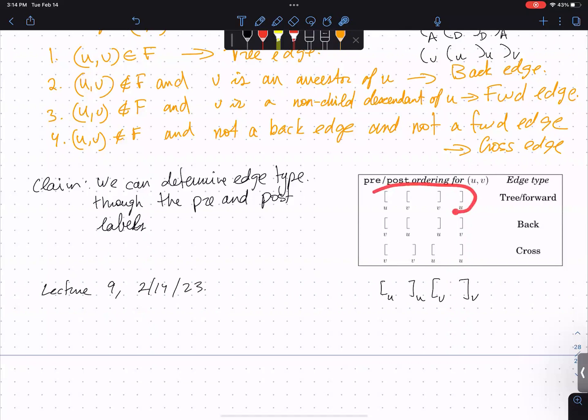Like we have U contains V, V contains U, V is before U. We also have to ask about U before V. And U overlaps V, but not contained. We already saw that that's impossible. So all that's left is this, and this I wanted to say is also impossible.